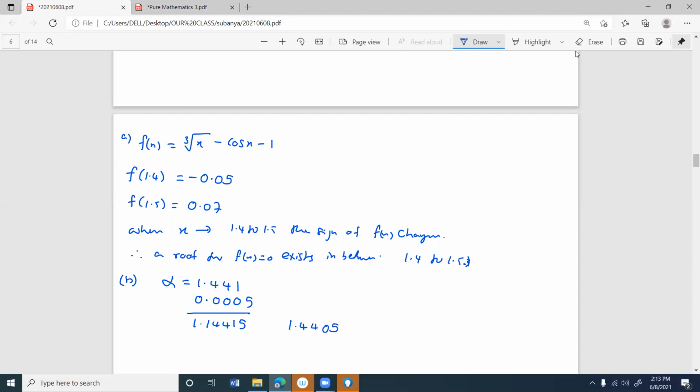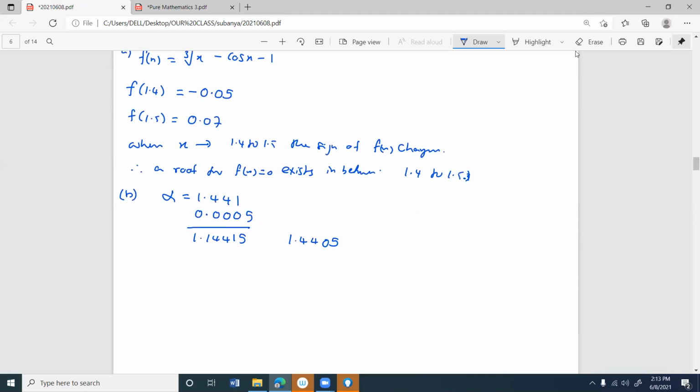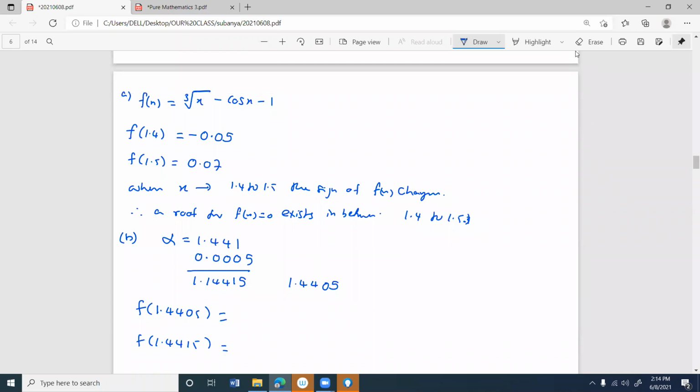Now we replace those values into f: f(1.4405), and the other one f(1.4415). If you replace into the original function, cube root of 1.4405 minus cos 1.4405 minus 1, we'll do it and see.